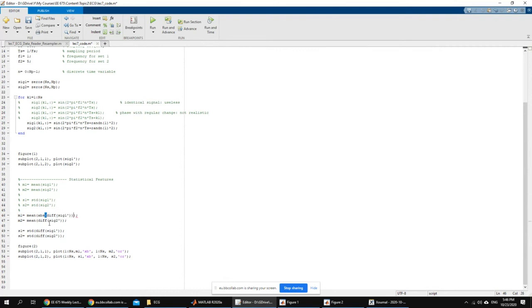So if you have a slope that is positive 1 or negative 1, they will be added because they will be both 1. Before, 1 plus 1 would be 0. So let's try the absolute value also here. The standard deviation doesn't matter because I square the samples. Let's try that.